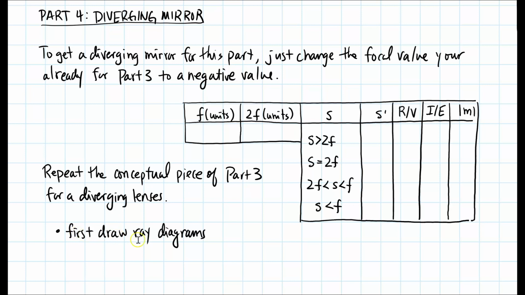Go draw the ray diagrams first for these locations. Then go to the simulator and compare what you did on paper versus what the simulator shows. And then as usual, ask the question: is it real or virtual? Is it erect or inverted? And what is the magnification? Smaller, same size, or larger?